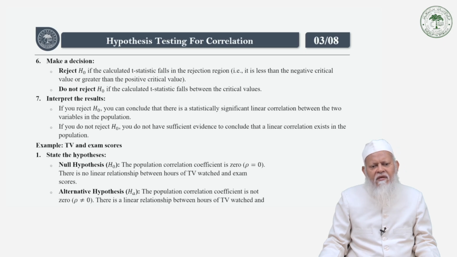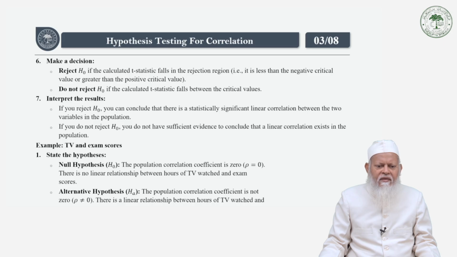Rather, if the null hypothesis is not rejected, then we have to reject the alternative hypothesis, and if we have rejected the null hypothesis, then we have to accept the alternative hypothesis.